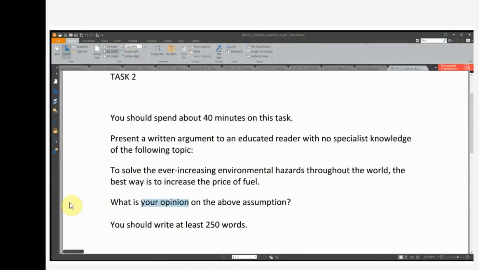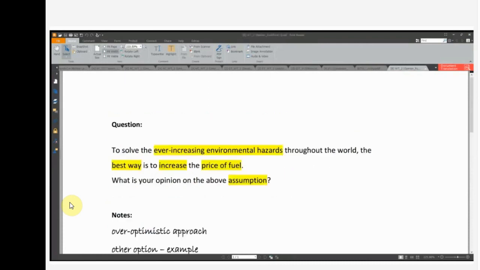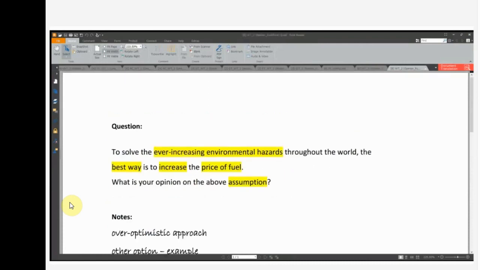Obviously, before we start to write, we need to make plans. We need to find out the keywords that are present in the question, and we need to develop our answer based on those keywords. Here, ever increasing environmental hazards, that's the most highlighted keyword.